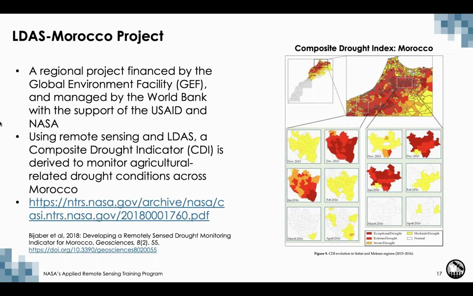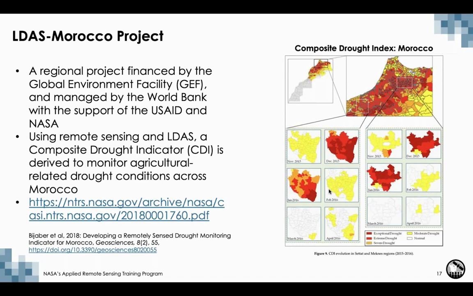And that uses ELDAS to come up with a composite drought indicator, or CDI, which uses ELDAS output as part of it. And so as shown here, these are the maps of drought indices, and in 2015-16, as drought was developing, it was monitored by using ELDAS on Morocco.